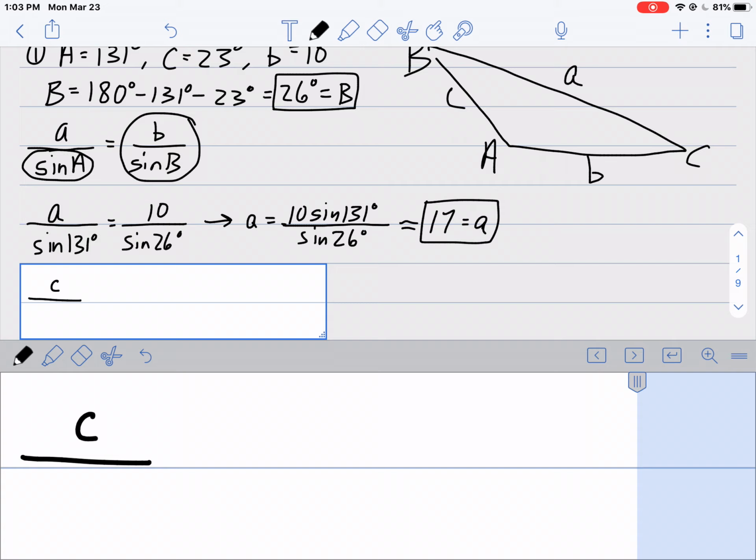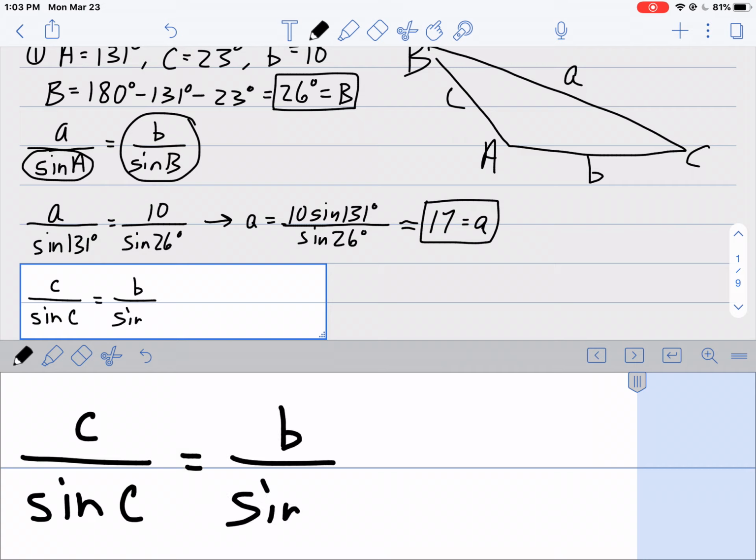And I'm going to set up the ratio with C and sine C. And then again, I'm going to use that ratio B over sine B. Now I could actually use A over sine A because I know what side A is. You have options there. So once you start finding some of the information, you then maybe have different choices as far as how you want to set up the ratios going forward.